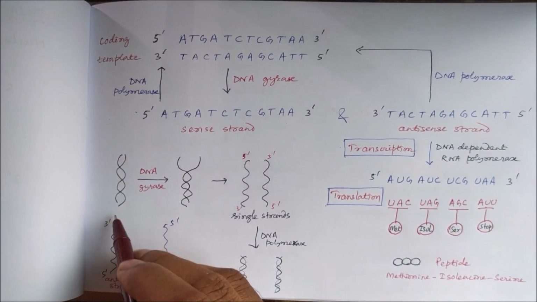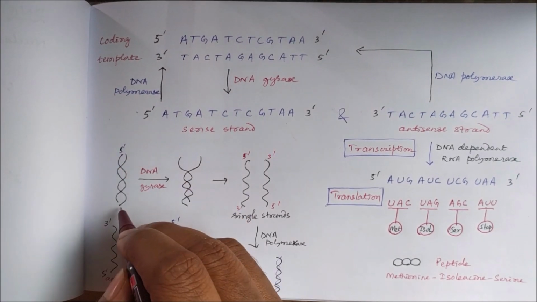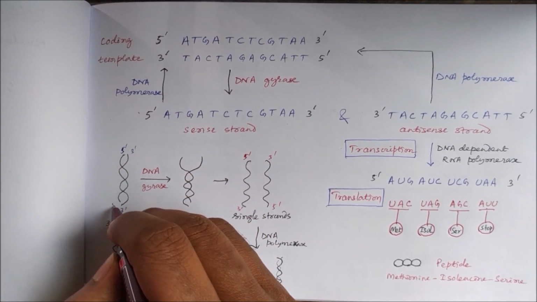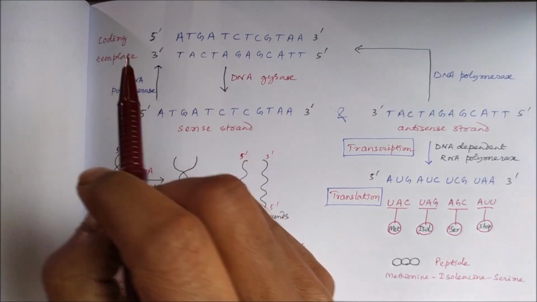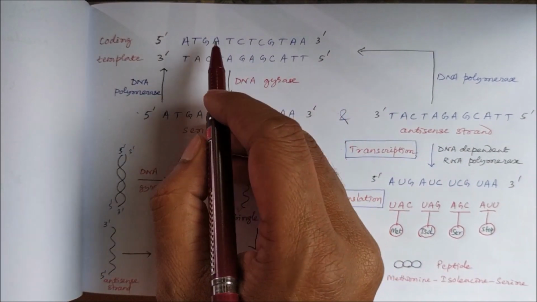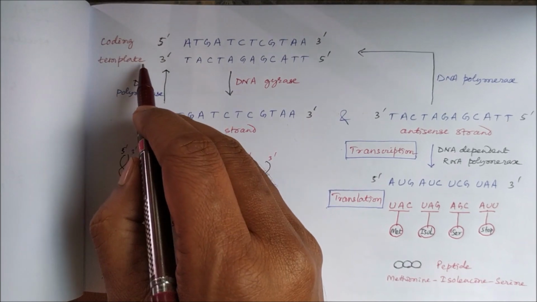So this is a double helix DNA structure. The 5' to 3' direction strand is called the sense strand, and the other strand is the antisense strand or template strand.